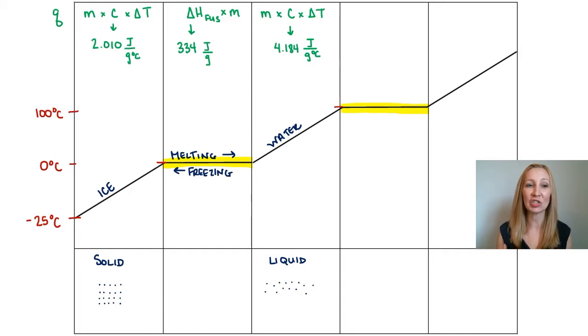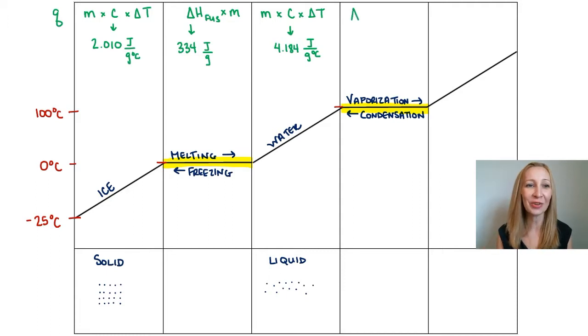And that phase change is the phase change between a liquid and a gas. That's called vaporization. So all that energy that we put in is not going towards increasing the temperature, it's going towards changing the phase. And if we take energy out of that gas, we condense it and it turns into a liquid. So the reverse is condensation.